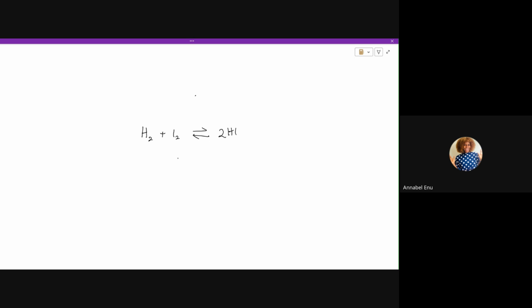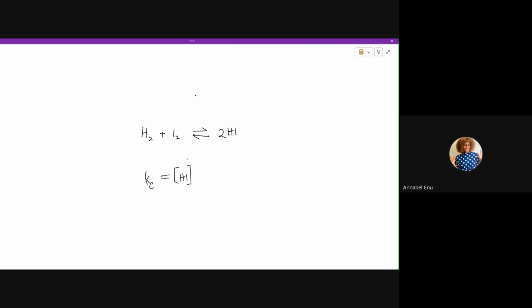Okay, we have this equilibrium equation. Now we said that the equilibrium constant is the ratio of the product concentration to the reactant concentration. So to write the equilibrium constant for this reaction, it would be Kc equals, we write the product. The product here is HI, hydrogen iodide.